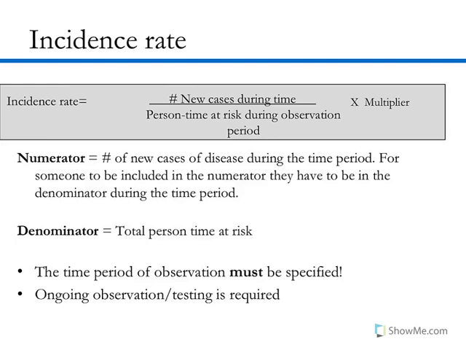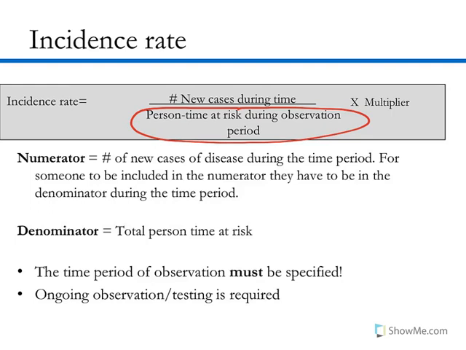But what you'll notice is much different for our incidence rate calculation is our denominator. Now, instead of being the total population at risk at the start of the time period, it is what we call person time at risk during the observation period. We'll talk about person time in just a second.